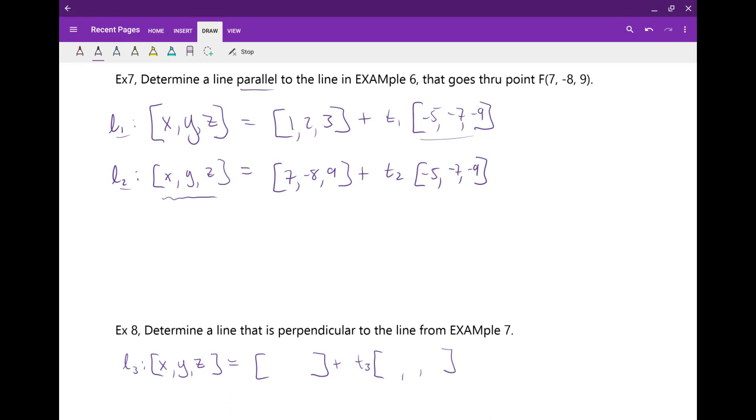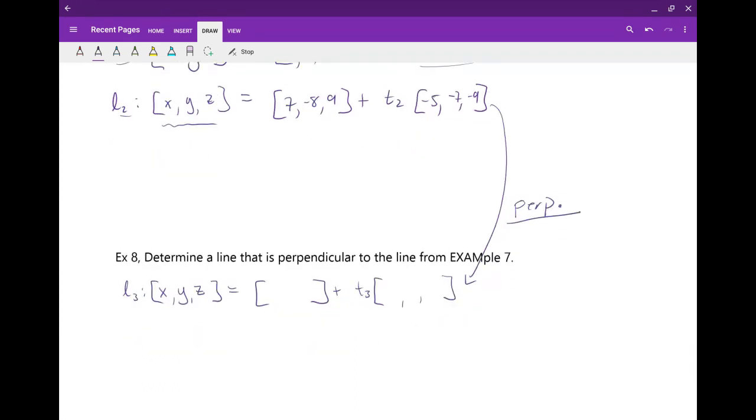Now the question is, I need something that's perpendicular, right? Well, in order to create a vector that's perpendicular to this vector, I'll give this vector a name. This vector's name is M2, right?